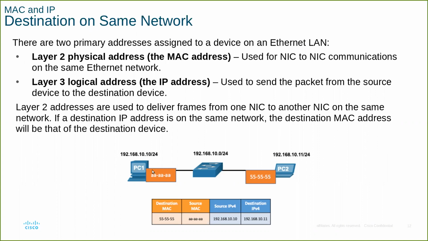So PC1 will send a packet, and that packet is going to have the destination MAC, that is the MAC address of PC2, and the source MAC, that is the MAC address of PC1, and the source IP, that is the IP of PC1, and destination IP, that is the IP of PC2. So this means that the PC will need both physical and logical addresses to be able to send the packet.